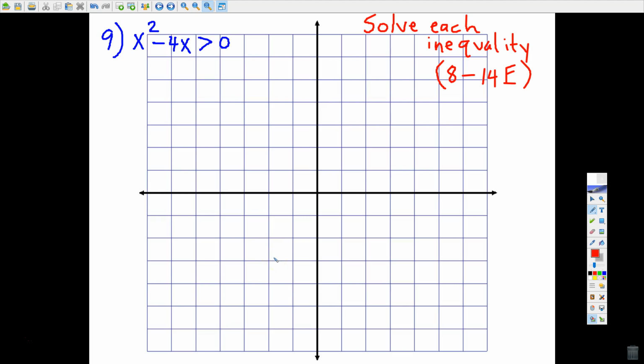Okay, so when you do 8 through 14, we're going to use a particular method: solving by graphing. To solve by graphing, the first thing you want to do is find the x-intercepts. Another way of saying that is solve the quadratic equation.